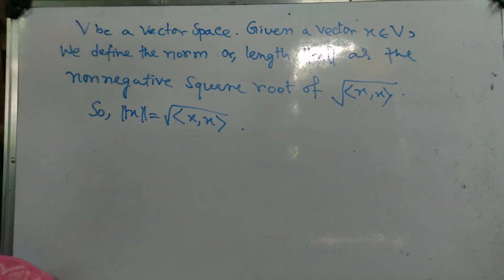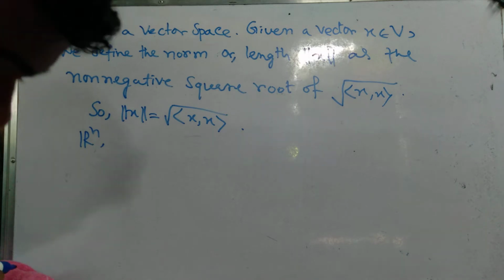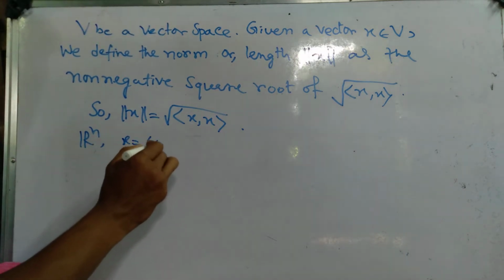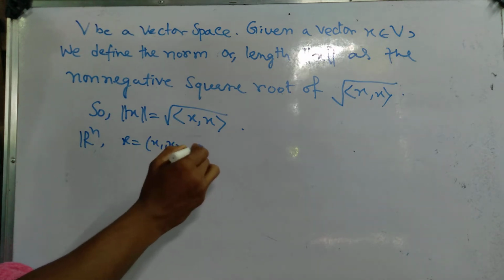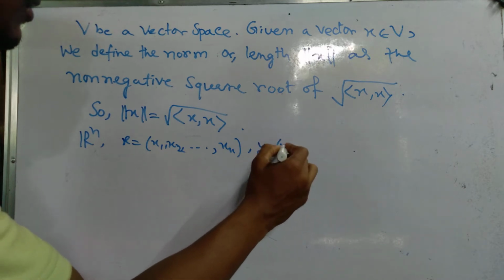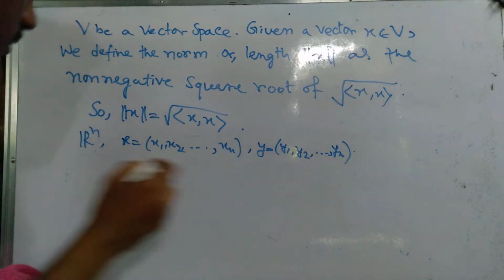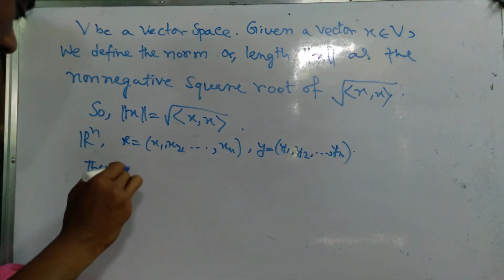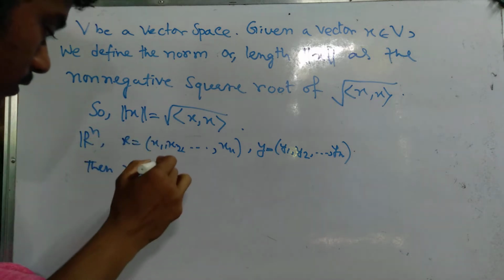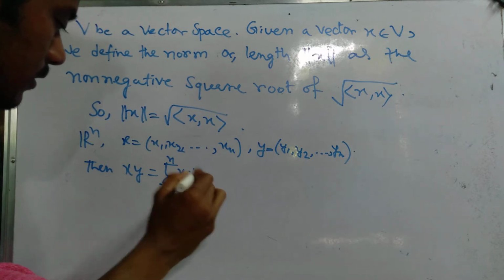Now in R^n, we construct x equal to x1, x2, up to xn, and y equal to y1, y2, up to yn. Then the inner product of x and y equals the summation over i from 1 to n of xi yi.